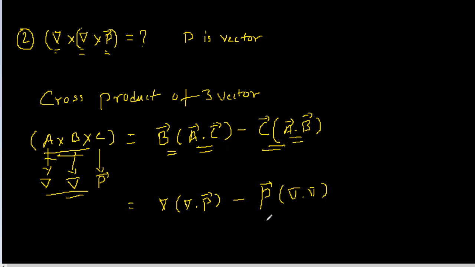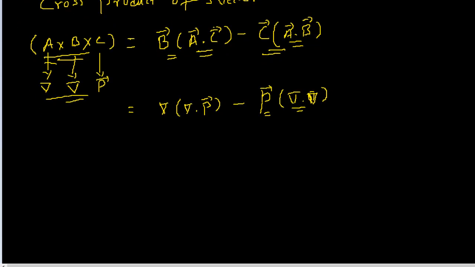But it is standard that we cannot use gradient after any vector. A standard rule used in vector calculus is that we cannot use gradient after a vector, and this becomes a vector gradient product.